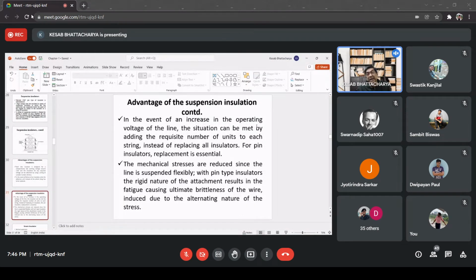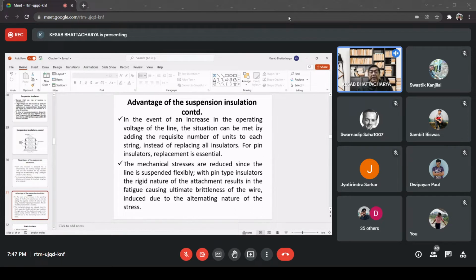In the case of a single block pin insulator, that insulator must be replaced, because it cannot withstand the higher voltage level. But with suspension insulators, instead of replacing the entire unit, we can very easily add one or two additional discs in the string so that it can accommodate the increased voltage level. That is another advantage.